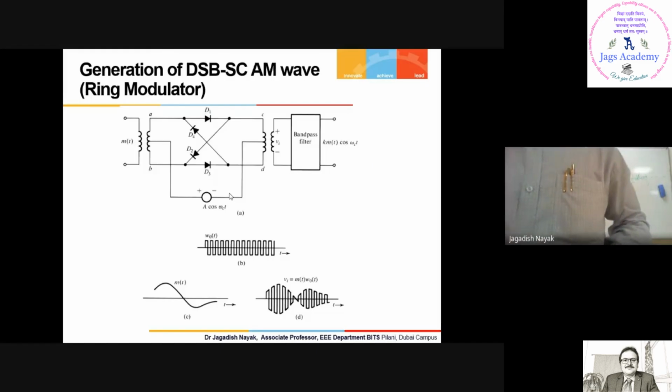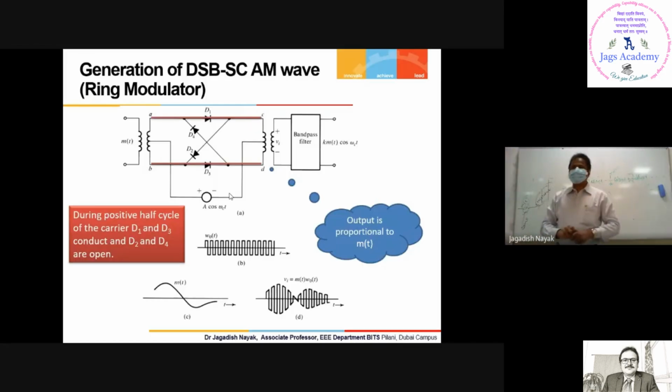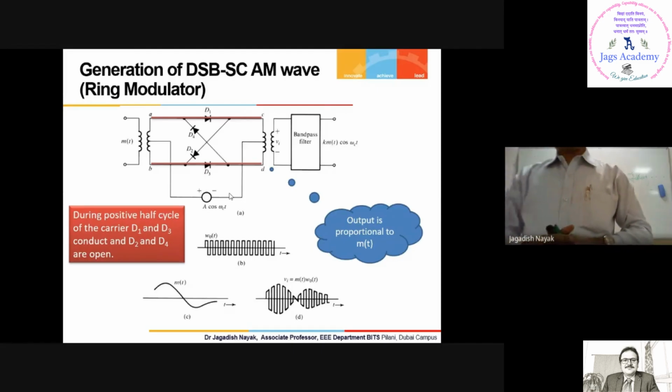So how does it work? During the positive half cycle of the carrier, diodes D1 and D3 are on.